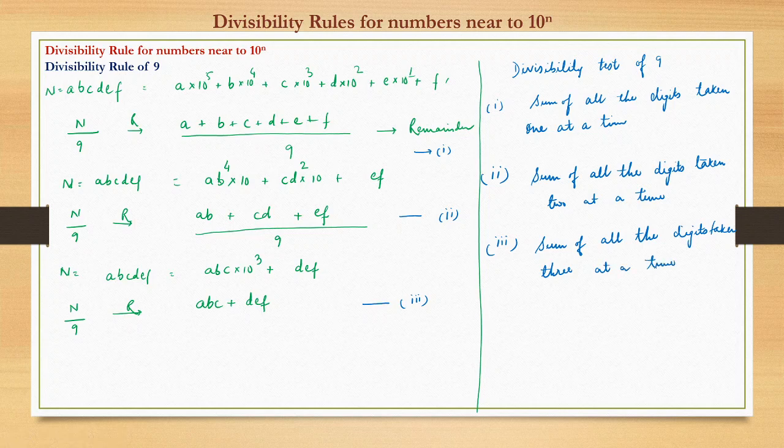So whatever is convenient or suitable, we can see in any form.